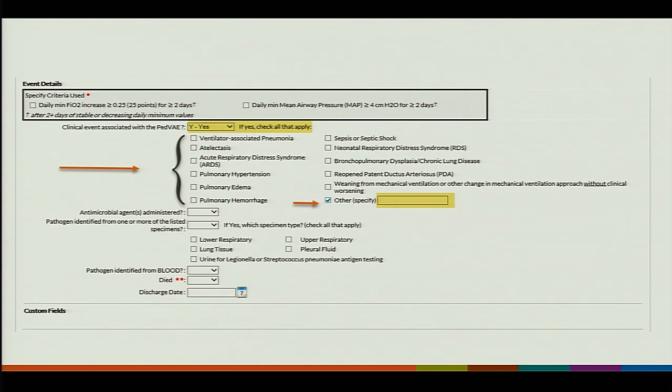If you answer yes, they open up and you're able to answer as many as you want. And I want to point out that other field, we want as much as you can tell us about the other. It does have a limitation of 200 characters, but hopefully you can abbreviate and get as much as you want in there.